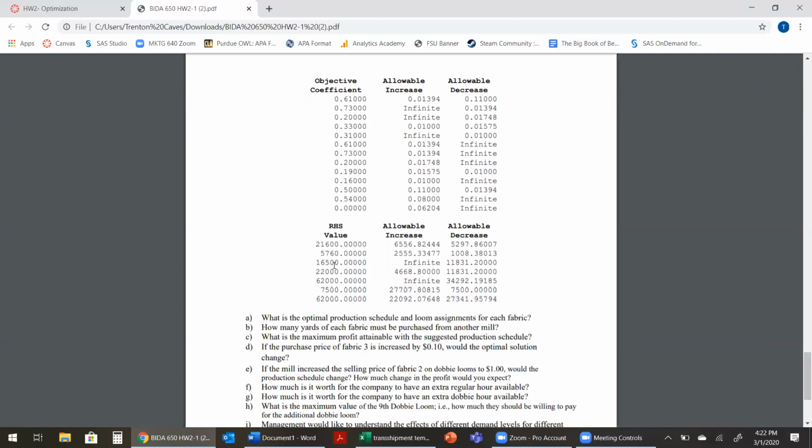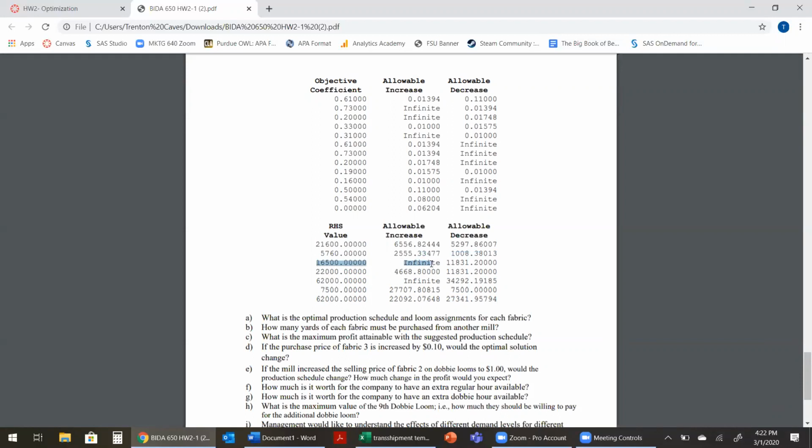So fabric 1, 2, 3, 4, 5. Fabric 1, currently our demand is 16,500. It has an infinite increase.